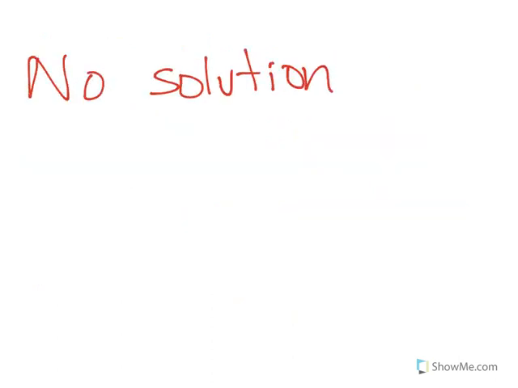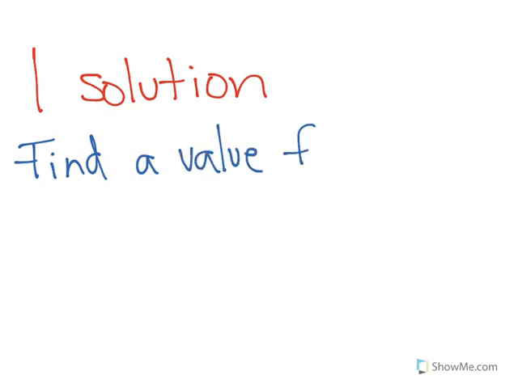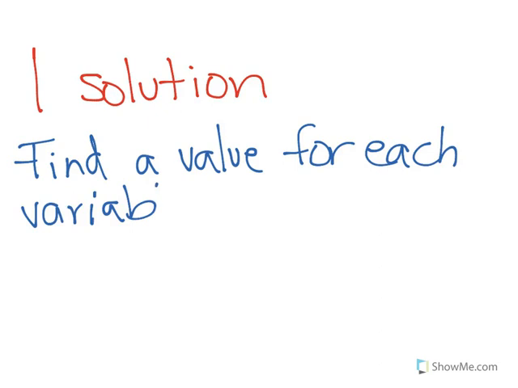But now, how do we know if we have only one solution, no solution, or infinite many solutions? Well, when you have one solution, you find a value for each variable. Only one value. Okay?